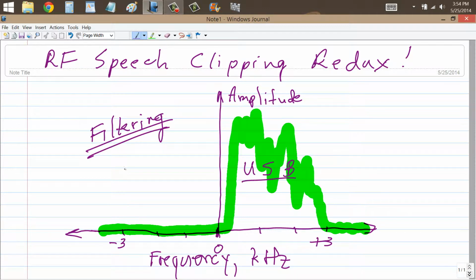This is the suppressed carrier frequency. Suppressed carrier meaning that it's the carrier that would be there, except the balanced modulator cancels it out to produce the sidebands.